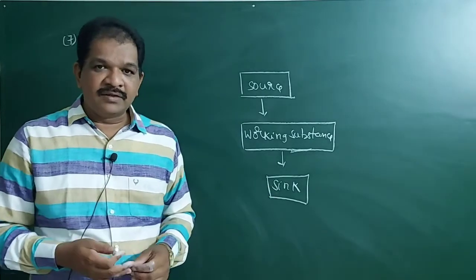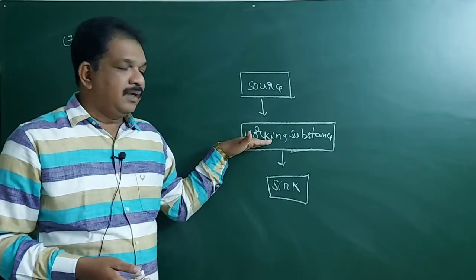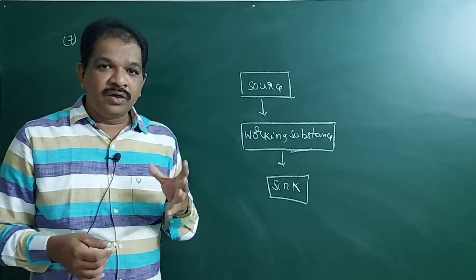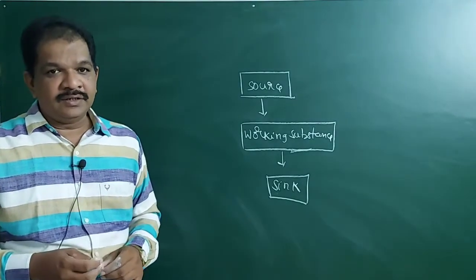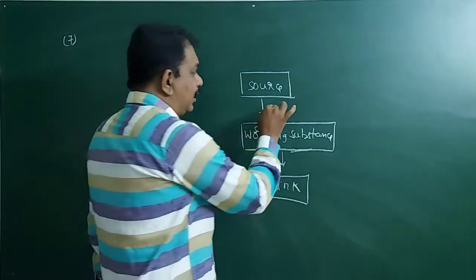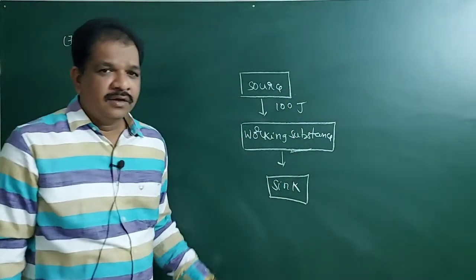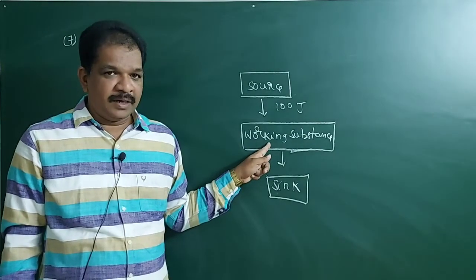Take the same example of your bike. Working substance will be the engine. Source will be the amount of heat energy supplied to that engine. For example, by burning the petrol, 100 joules of heat energy is produced. That heat energy is given to the engine of your bike.